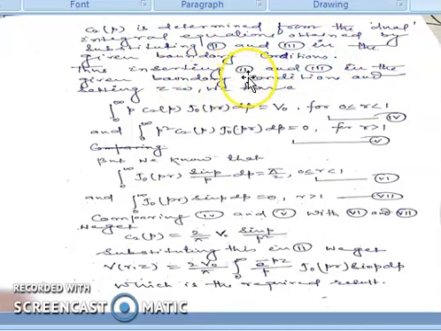Thus, we get ∫ from 0 to infinity of p c2(p) J0(pr) dp = V0 for 0 ≤ r < 1. This is equation number 4, and ∫ from 0 to infinity of p² c2(p) J0(pr) dp = 0. This is equation number 5.